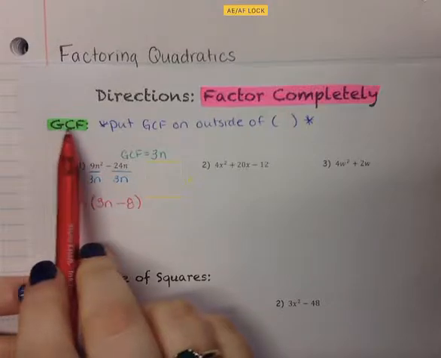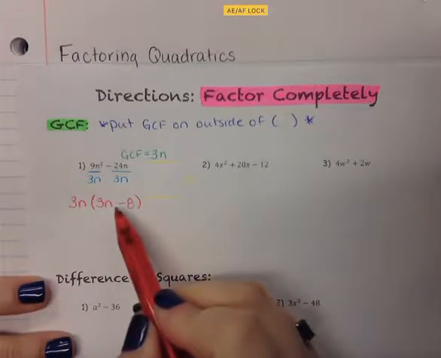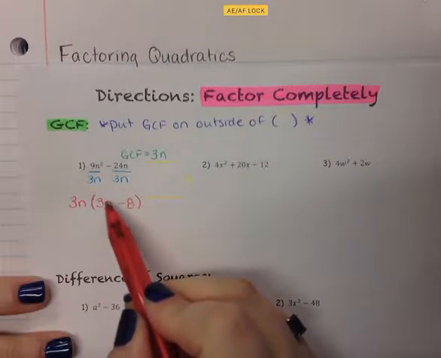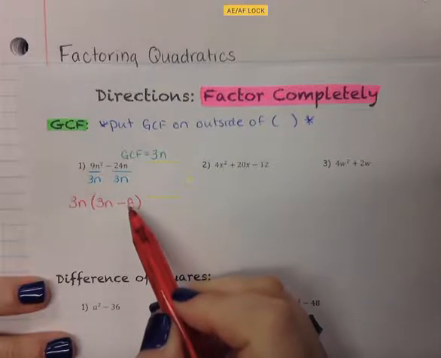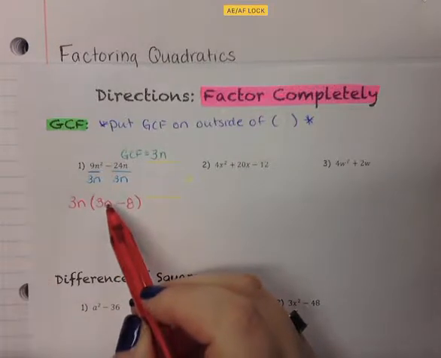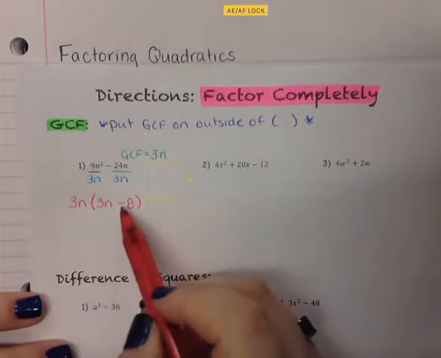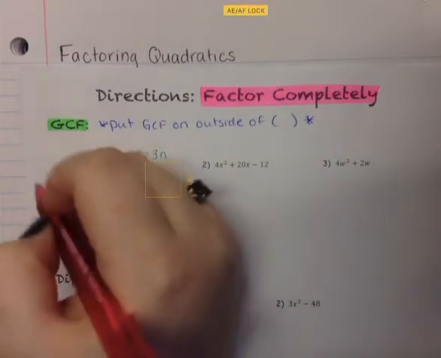This is just GCF, so I should not be able to factor it any further. But inside my parentheses, I have two terms. Back from the chart, we want to look for a difference of squares. Is 3n a perfect square? No. So automatically, I can stop there. I know this has to be my final answer because I cannot factor anything any further. So this is my answer.